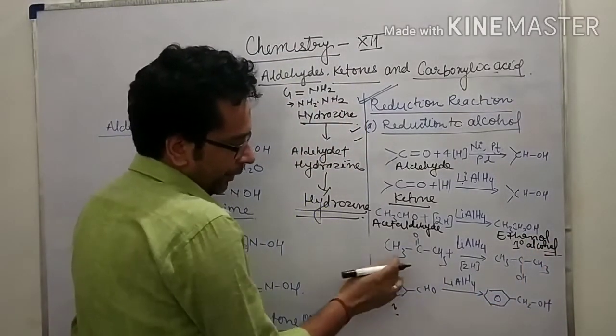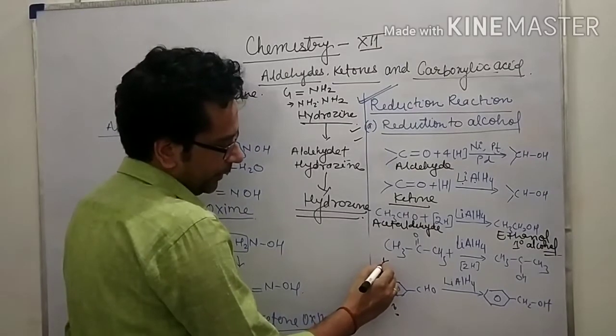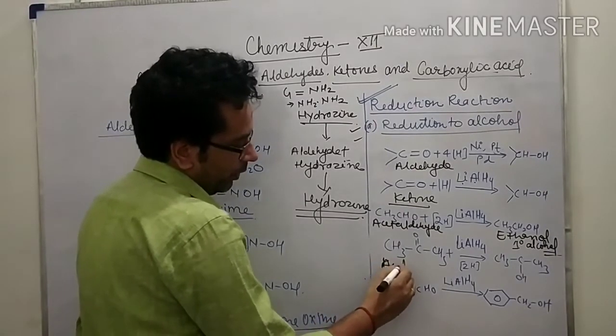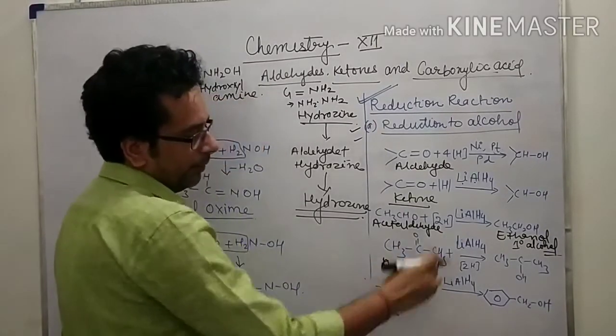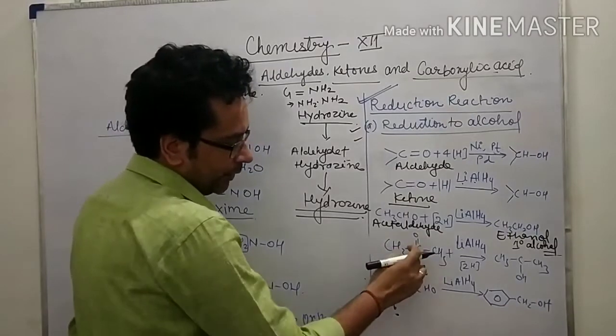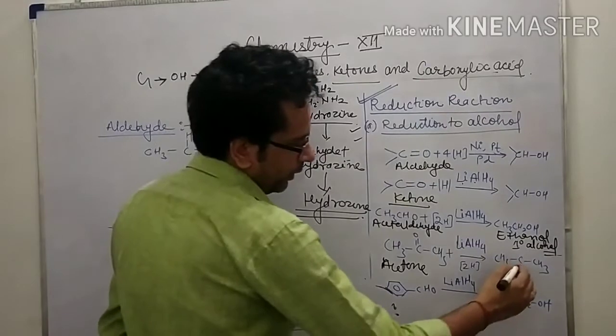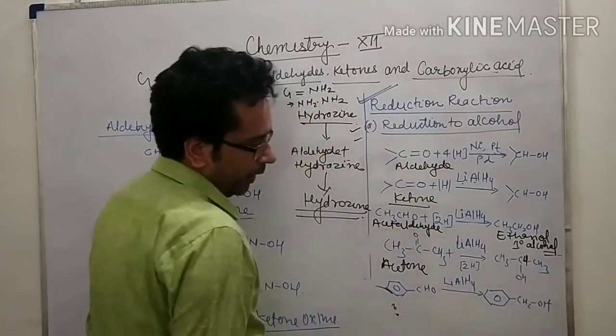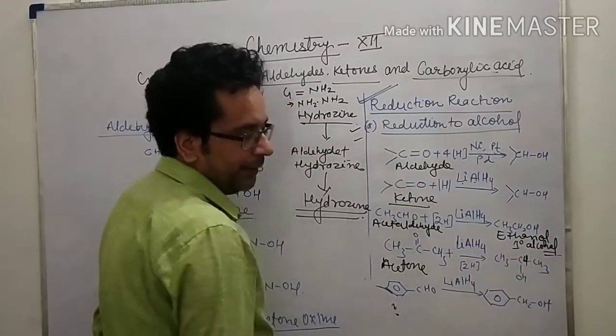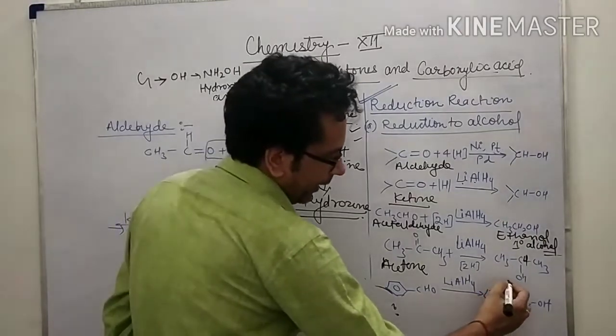But when we take a ketone, acetone, lithium aluminum hydride reduces acetone into this alcohol, that is propan-2-ol, and it is a secondary alcohol.